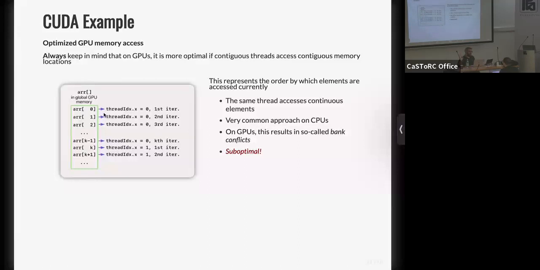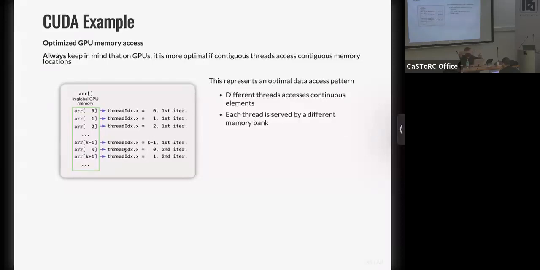This is a detail I won't go into too much, but the memory is banked, meaning that continuous memory elements are served by different banks, and different threads need to access from different banks. So this is suboptimal, and what you want is the transpose of this: different threads accessing contiguous memory elements.